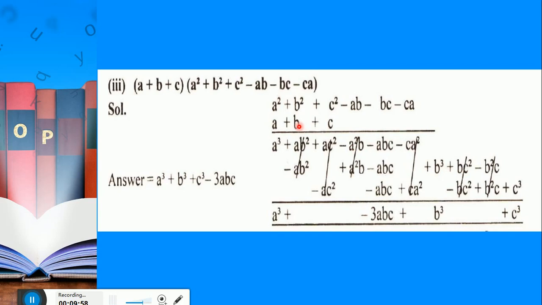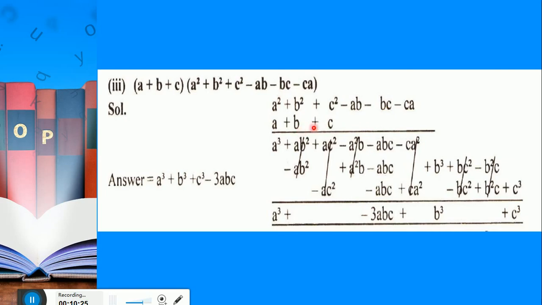Now multiply b with minus ab. It will be minus ab square. We will write minus ab square exactly below this term because there is also an ab square. Now multiply b with minus bc.